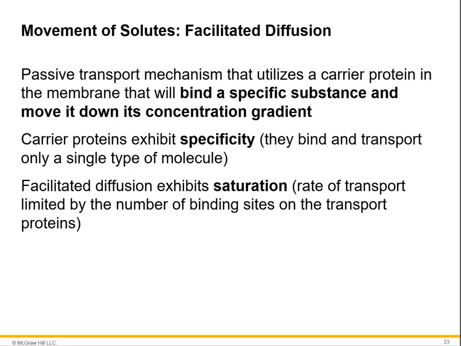That is, they're going to bind and transport only one type of molecule. For example, glucose. Facilitated diffusion is going to exhibit saturation, and what that means is that how fast these cells can transport these molecules depends on the number of binding sites on the transport proteins. When all of those binding sites are taken up, you can't transport more molecules than you already are, so your rate of transport is limited.